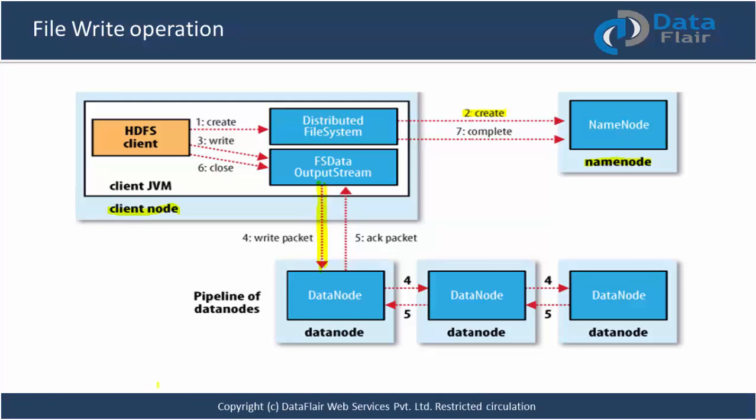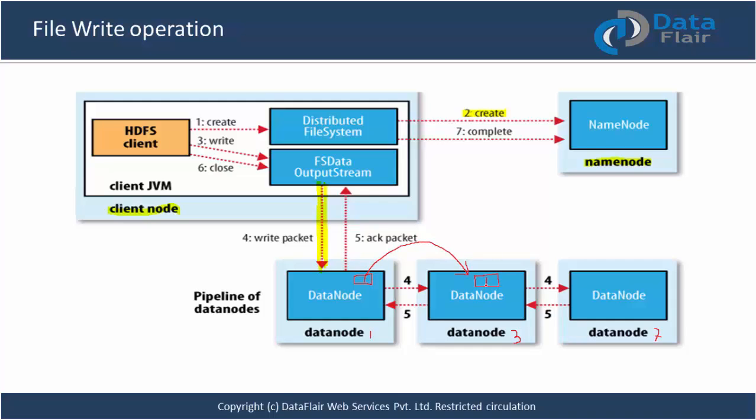As soon as my block is written, suppose guys it has written block 1 here. Suppose this is data node 1, this is data node 3, this is data node 7. The first data node will start copying the block to another data node.